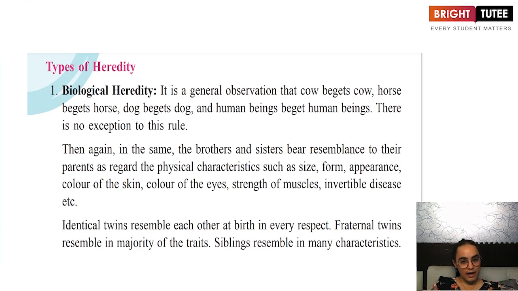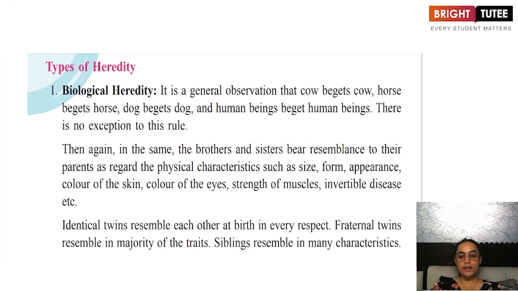And in the same manner, the brothers and the sisters, they have a lot of resemblance, they look a lot like their parents with respect to their size, their structure, with respect to how they appear, their physical appearance, their color, their weight, their height, the color of their eyes, how strongly they are built, if there is any disease they have inherited, and so on and so forth.